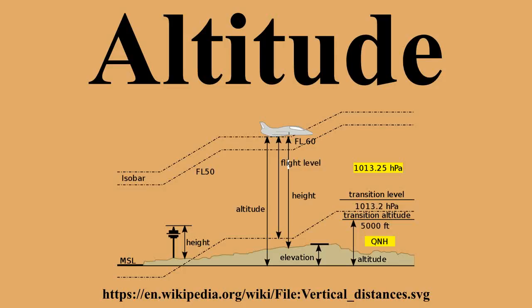In UK aviation radiotelephony usage, the vertical distance of a level, a point, or an object considered as a point, measured from a specified datum, is referred to over the radio as height, where the specified datum is the airfield elevation. Pressure altitude is the elevation above a standard datum air pressure plane.